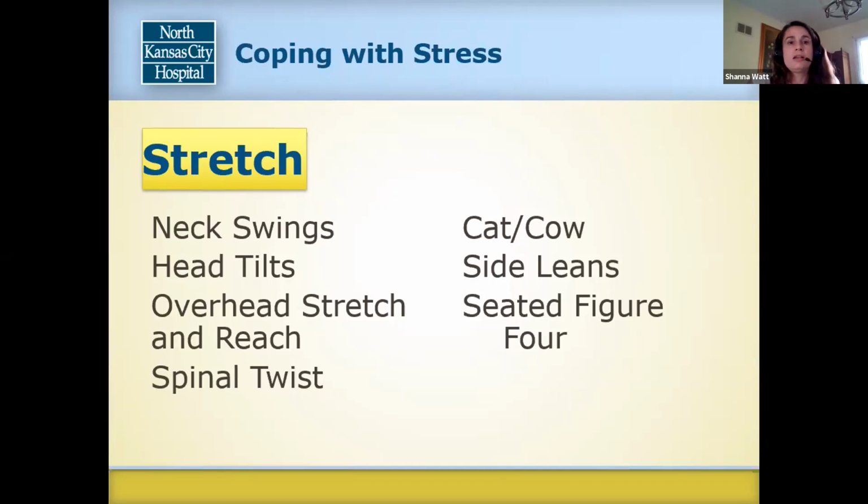And if your knee is up here in your chest, you are definitely tight. Then you would just push down a little bit on your knee. Now, if you can't cross your legs because your knees won't let you, no big deal. You can cross at the ankle and try it there. So those are just a few stretches that you can do from your chair when you're feeling stressed.